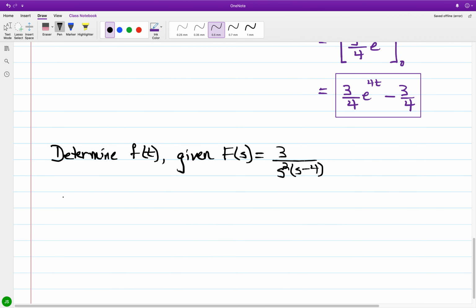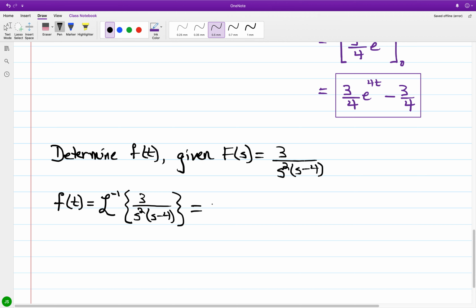Now for f of t, you're looking for the inverse Laplace transform of 3 all over s squared times the quantity of s minus 4.